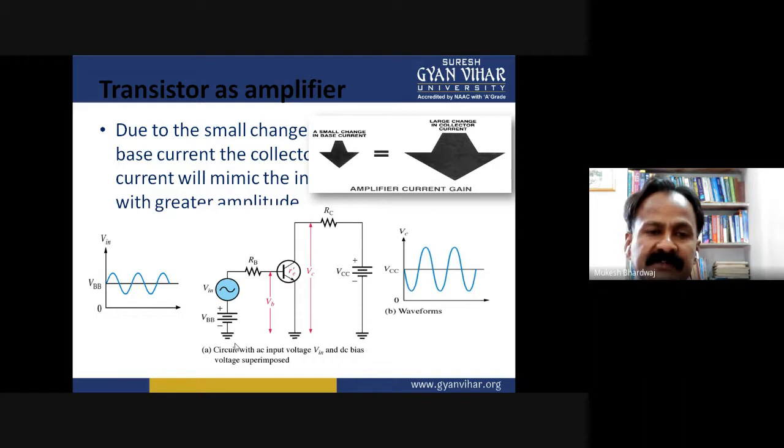As you see in the figure, an input sinusoidal wave having a small amplitude is applied as an input, and the output is obtained in which the amplitude of the sinusoidal wave is somewhat higher than the input wave, so your signal gets amplified.